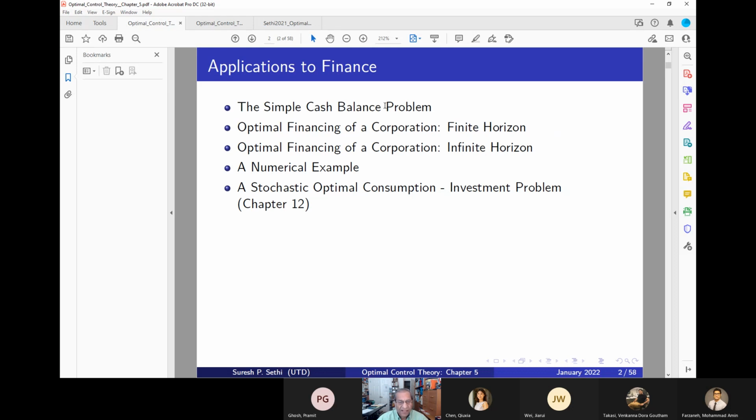In fact, the Nobel survey that I sent you, just before I sent that to you, maybe a day or two days ago, I introduced a little bit of a paragraph on the cash management problem there, and it's done by Merton Miller and OPRE.